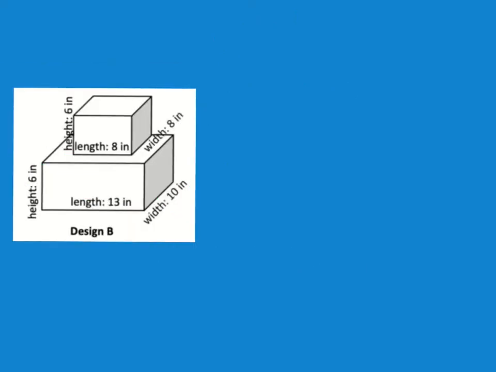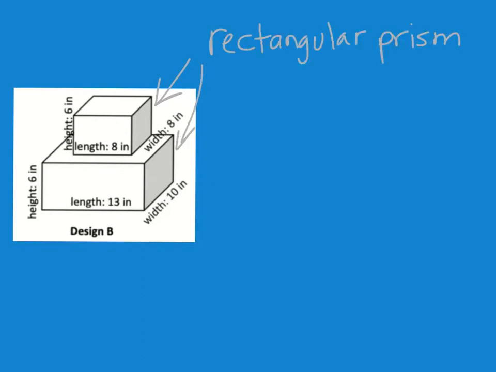Okay, so design B. So we first have two rectangular prisms. So they're both going to be the same shape. So remember, it's the area of the base times the height, and the area of this base is a rectangle. So it's length times width times height.